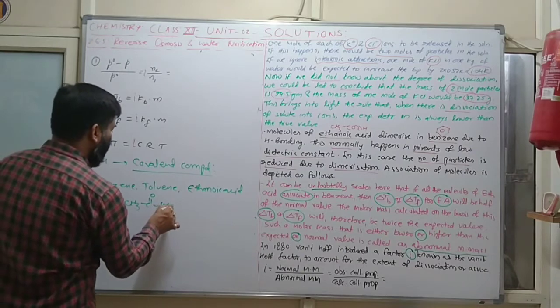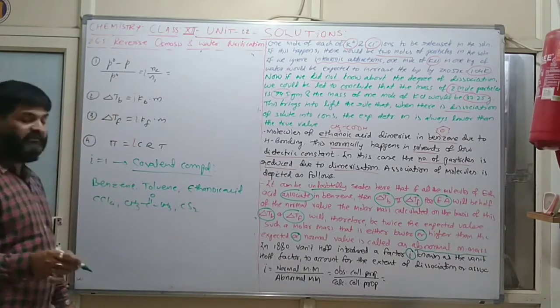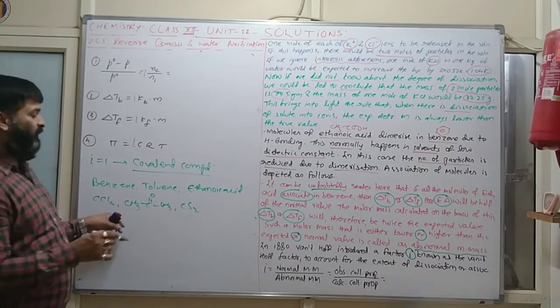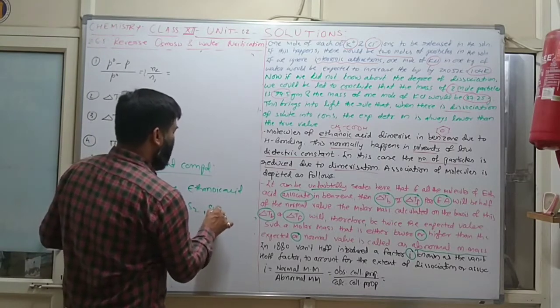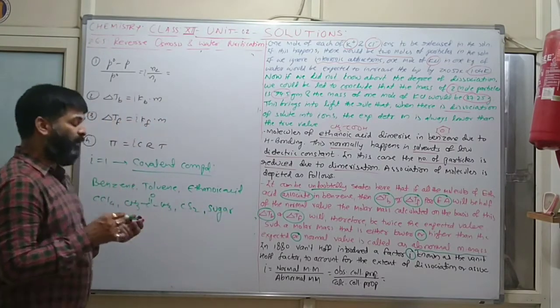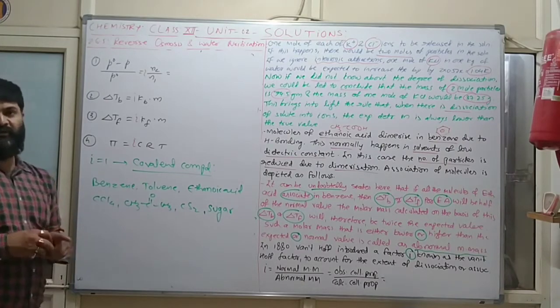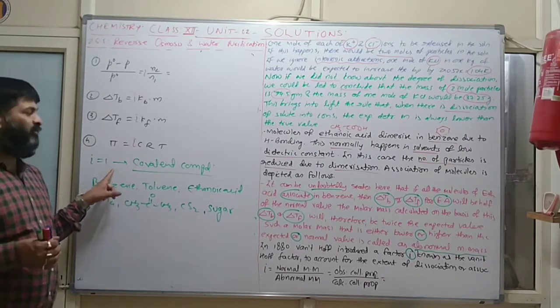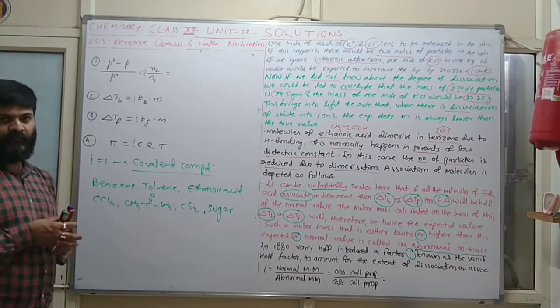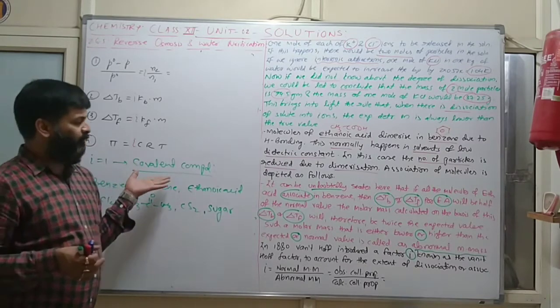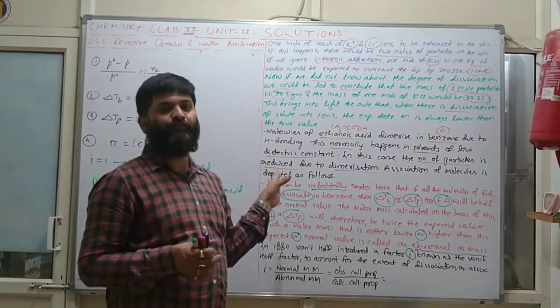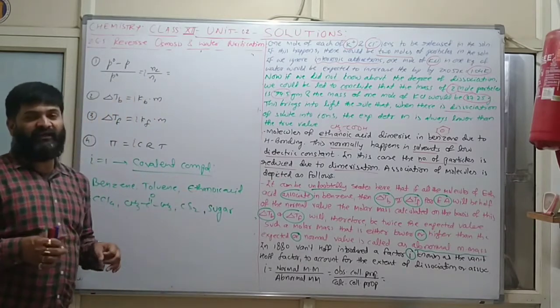And then carbon disulfide and sugar. Clear? It means for all types of covalent compounds where carbon or carbon related functional groups are included, here the i value will be taken as 1. Clear? In numerical problems, one of the most important parameters is again i.